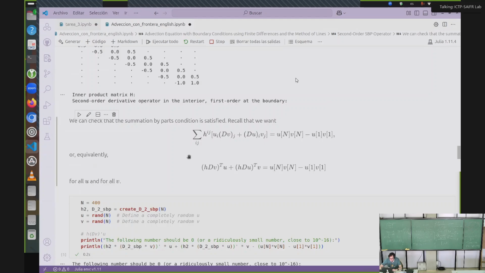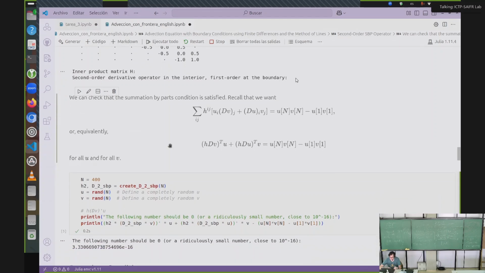notebook. What we will do, and this is something that you will have to do later on when you do the fourth order case, is to see if this property actually holds, right? So if we apply the D operator to some v and to some u, and we multiply by the matrix H, and we do this operation, do we actually get the values of the product of u and v at the borders?